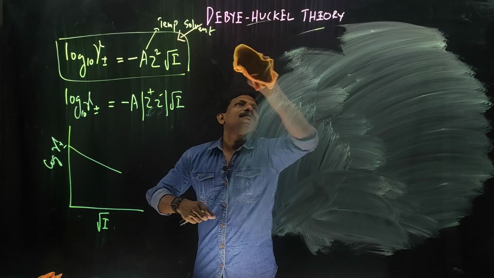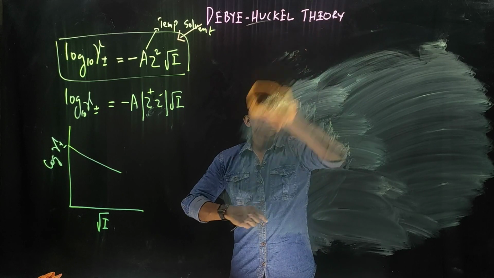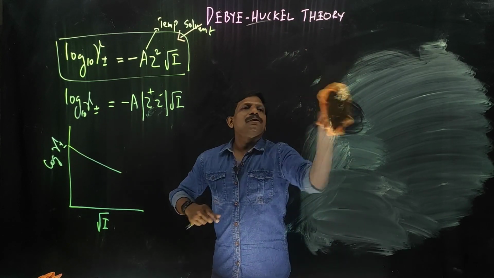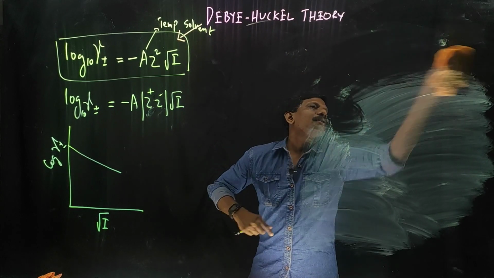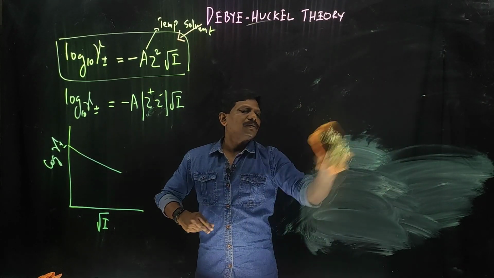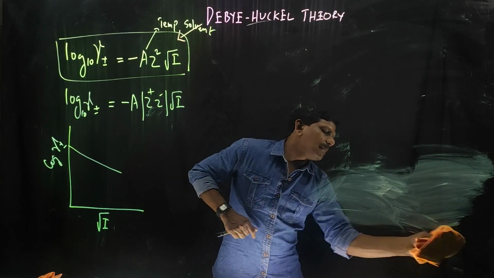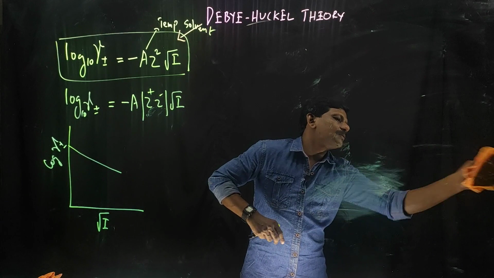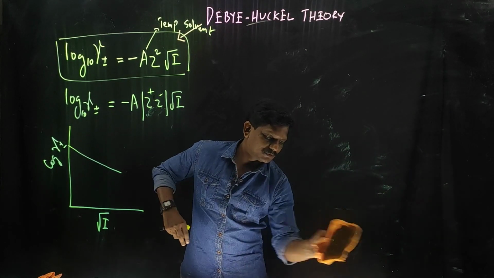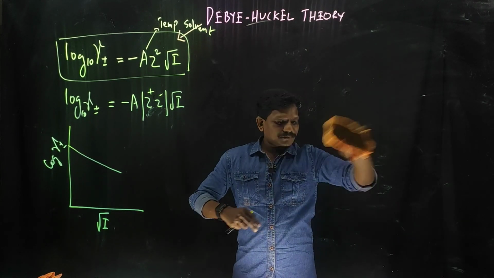You will get a linear type graph according to the equation. We will check how the electrolytes deviate from Debye Huckel theory sometimes when the concentration is very high. So what happens when the concentration is very high?